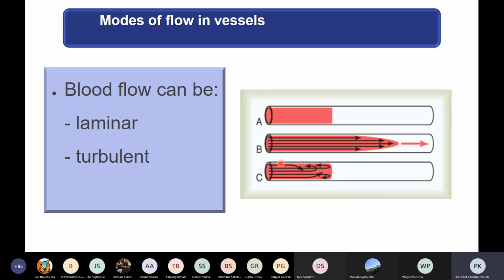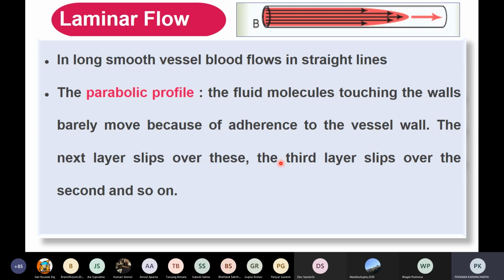Now what do you understand by laminar and what do you understand by turbulent? So let us see here. Laminar flow is generally seen in the smooth vessel, right, where the blood flows in straight lines. And if you see the anterior part of the blood, you can see the parabolic profile. Now why do we see the parabolic profile in the laminar flow?